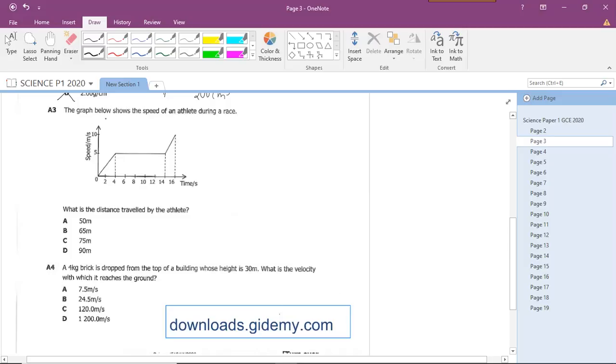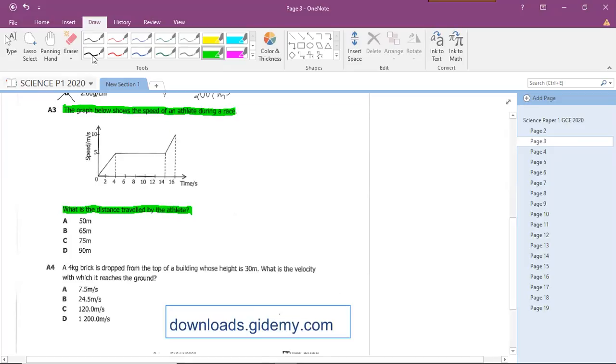They are now saying the graph below shows the speed of an athlete during a race. Then the question goes further to say, what is the distance traveled by the athlete?